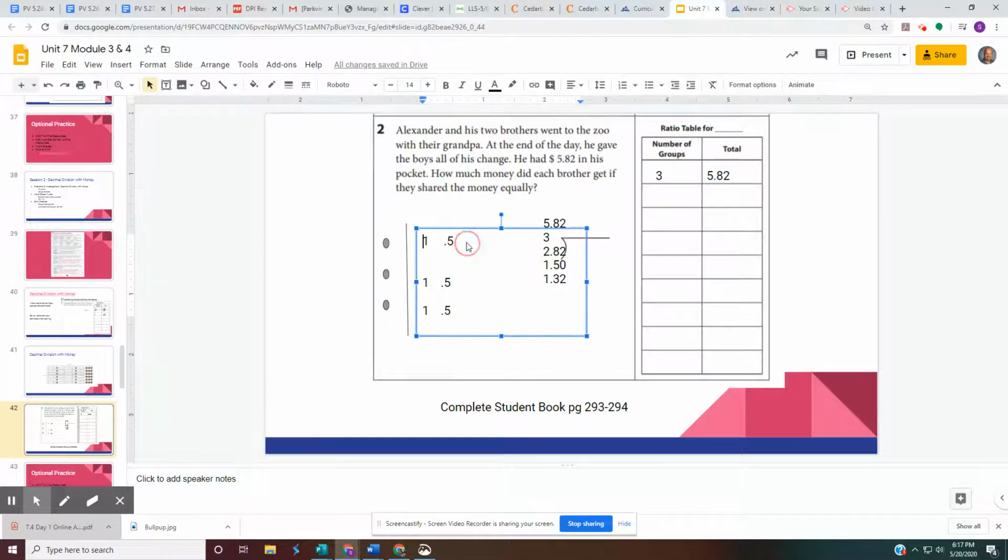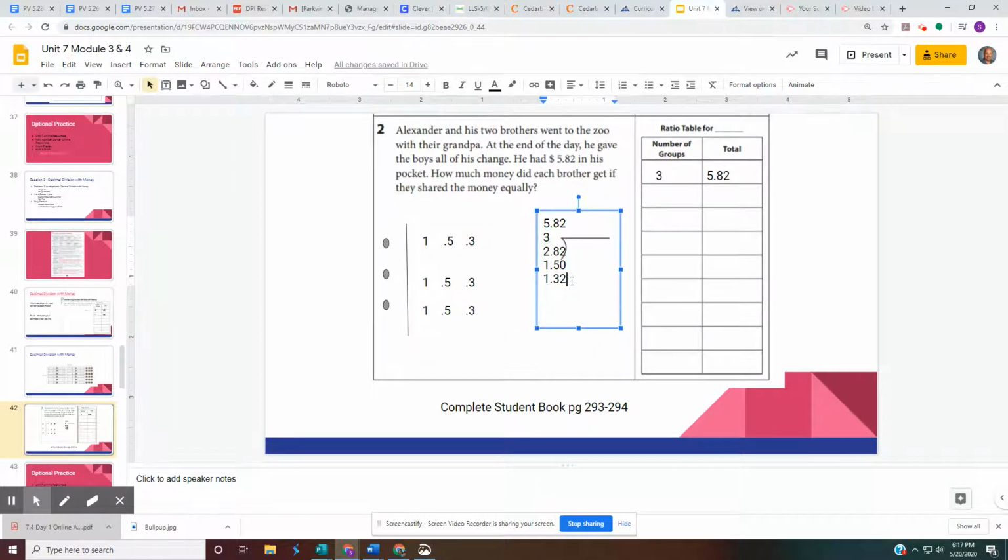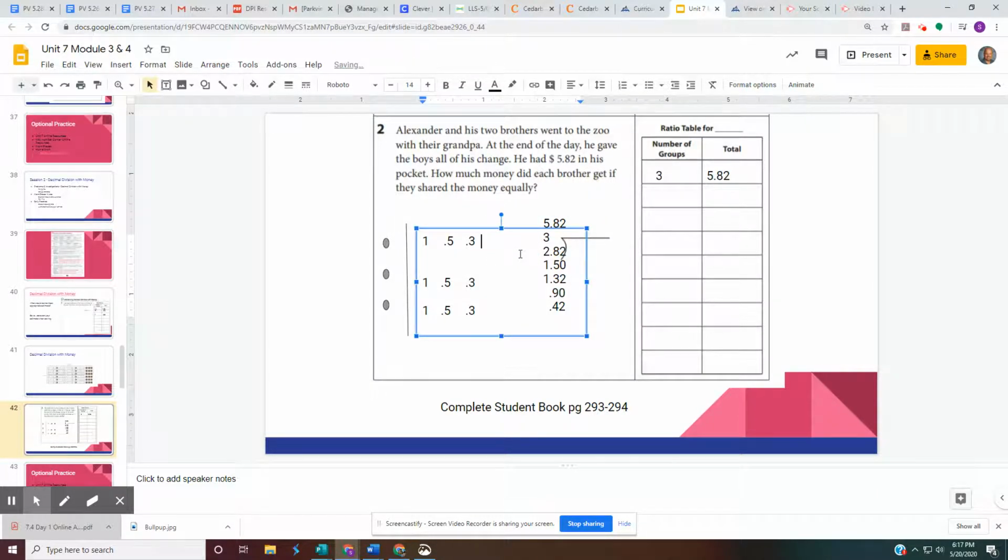I can give everybody 30 cents, because that makes sense, because that's almost $1. And that gives me 90 cents. And so I am going to subtract 90 cents and I'm going to give myself 0.42. And the last thing I need to do is, I know 3 goes into 42, 12 times. No, 14 times. So there we go. I know it's 0.14.